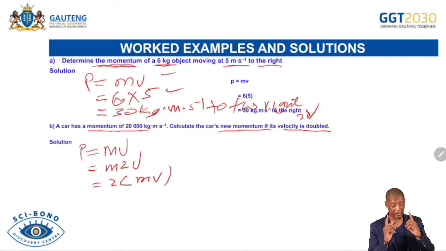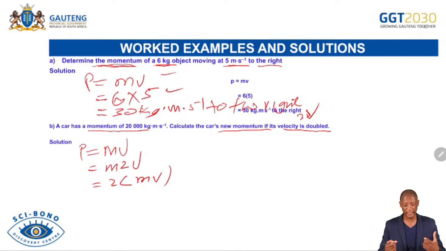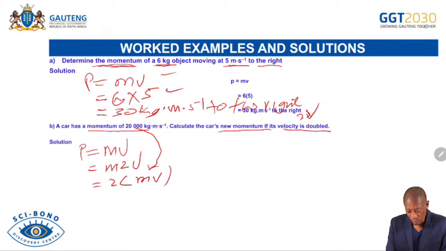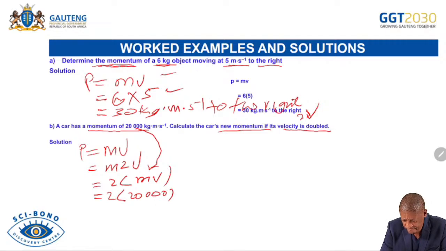Now, in other words, what comes to our mind is that this momentum that they are talking about is this momentum. We'll substitute it there. Voila. Now, we are having 2 multiplied by 20,000. What does it give us?